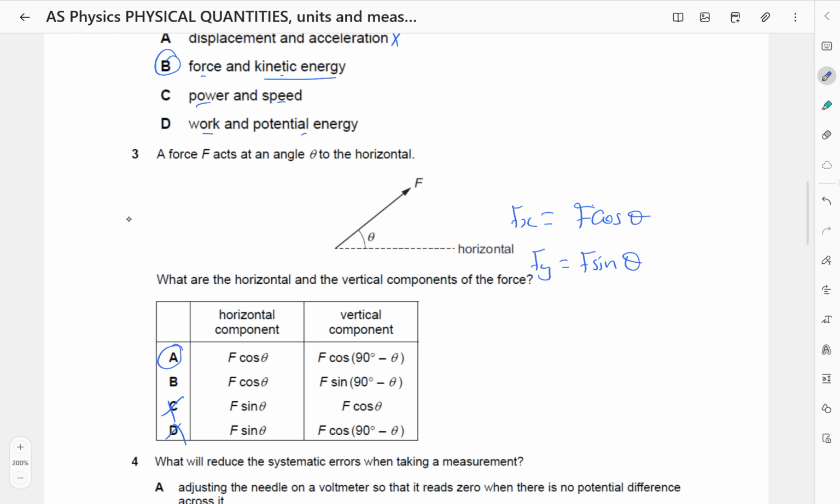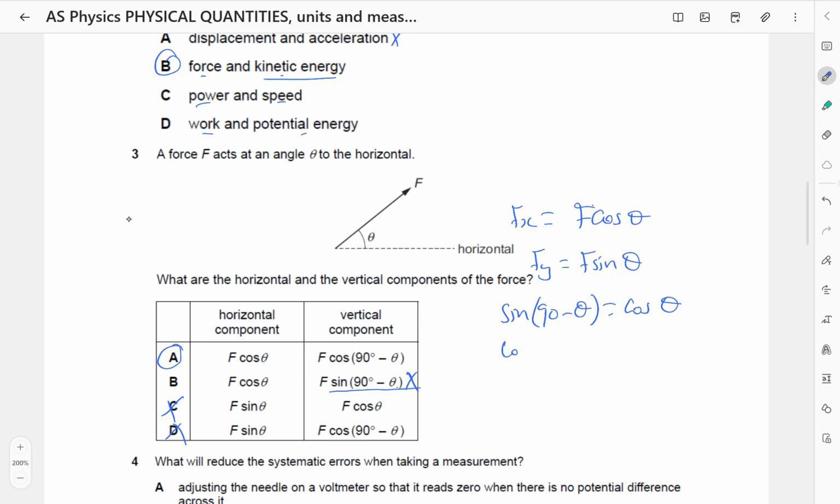you can check. Put in your calculator sine of 90 minus any angle. You'll get the cos of that angle. That makes this one also to be wrong. The sine of 90 minus theta is the same as cos of theta. That means this is the same as saying F cos theta.